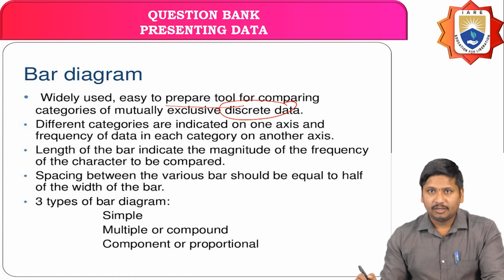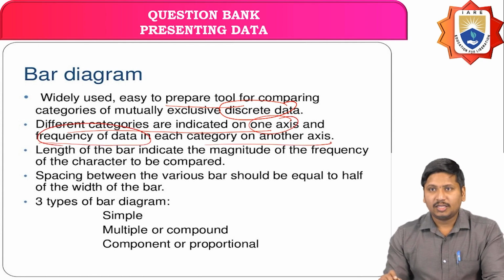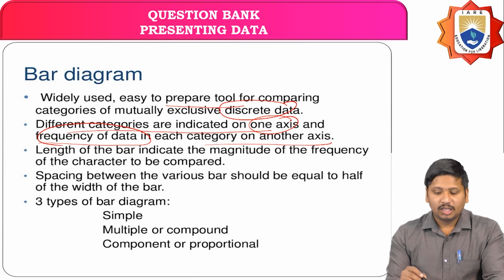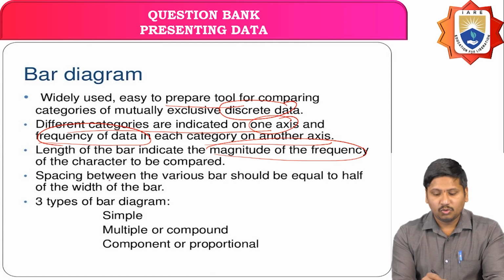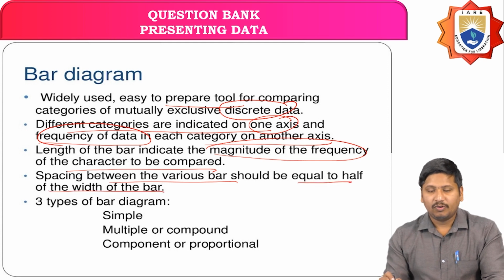Different categories are indicated on one axis, and the frequency of the data is considered on another axis, where the length of the bar indicates the magnitude of the frequency of the character being compared, and the spacing between the various bars should be equal to half of the width of the bar.